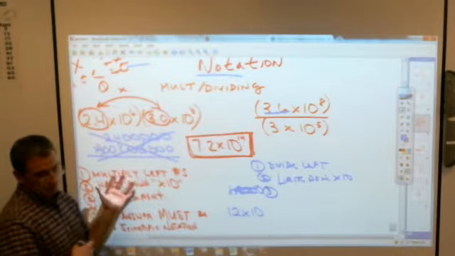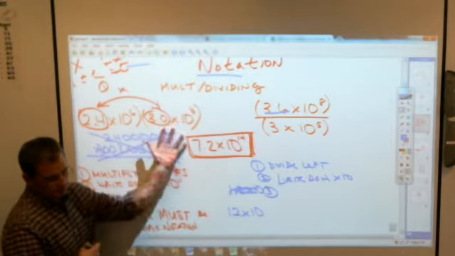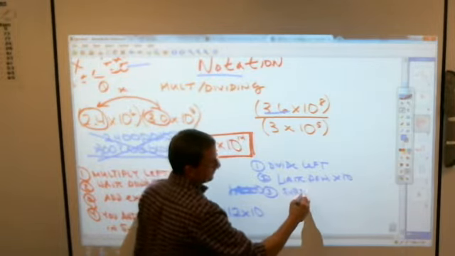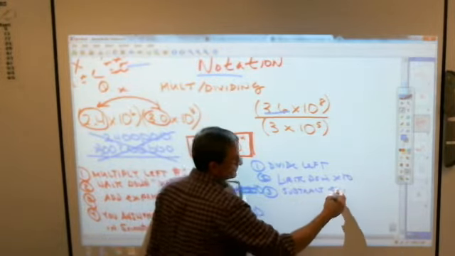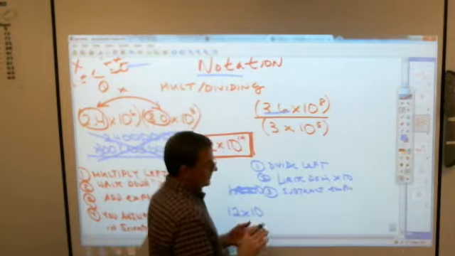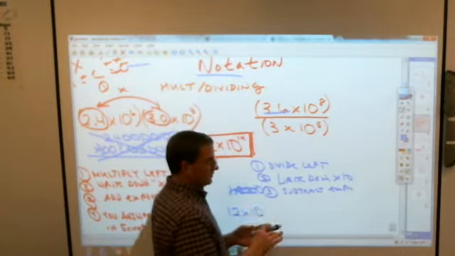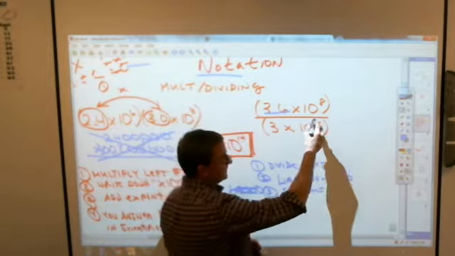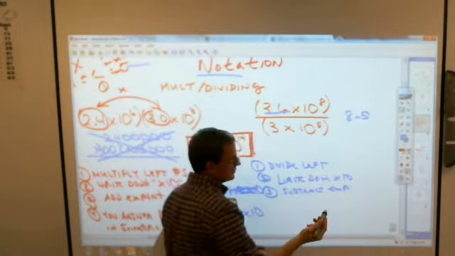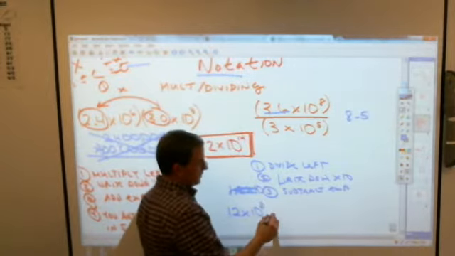With division, you have to subtract the exponents. Now, it might be a good idea for you to write those down, because when you start dealing with positive and negative numbers, things get a little goofy, but in this case, it is 8 minus 5, which is a 3. So this is 10 to the third power.